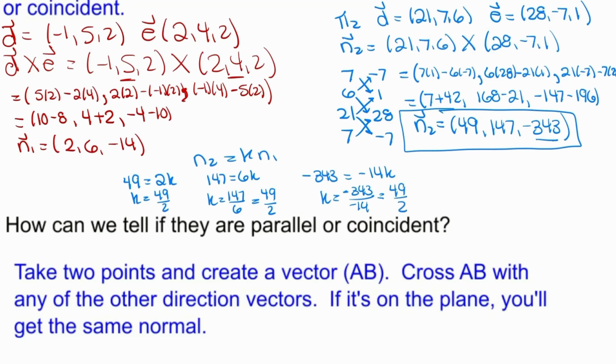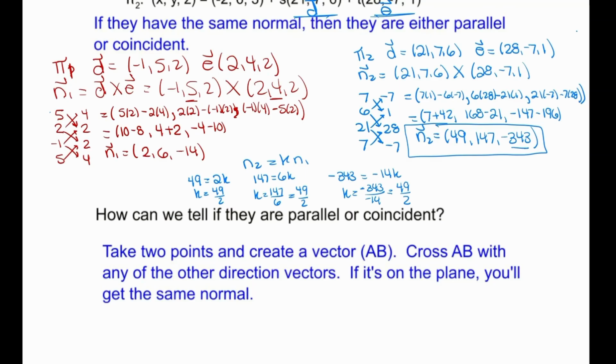Since all of the values of k are the same, the normal vectors must be parallel, but the planes could also be coincident. They could be parallel, meaning they never meet, or coincident, meaning they are the same. So how could we figure that out? Well, we can take two points and create a vector AB, very similar to what we did on the last question, and cross AB with any of the other direction vectors.